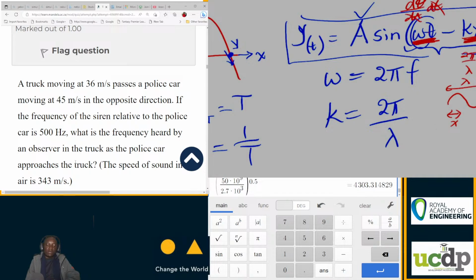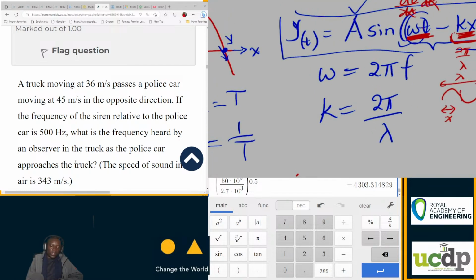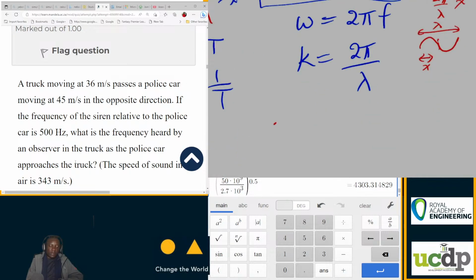When x is half of the wavelength, then x over lambda is half, and it's half of 2 pi. It means we've traversed a phase difference of pi. So this part is what we call the phase difference, given by the wave number times x.